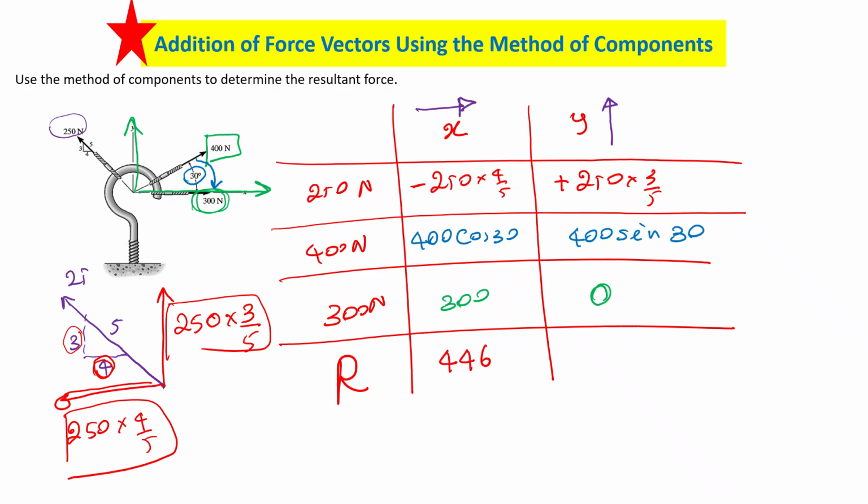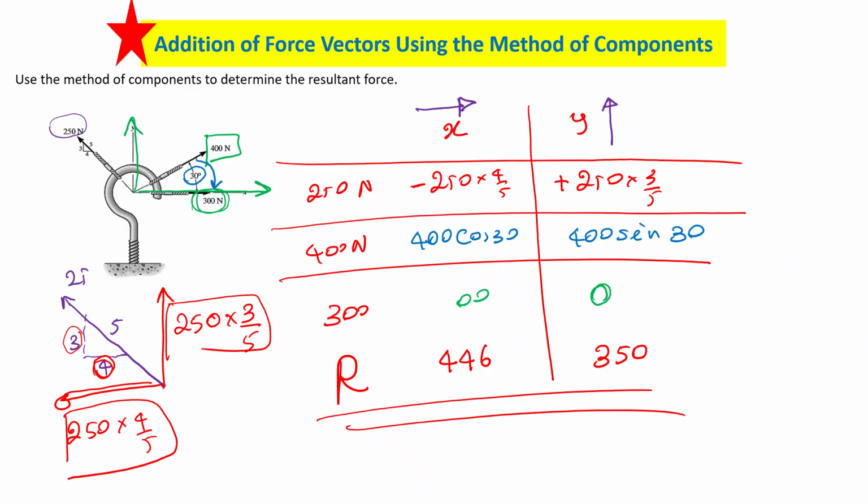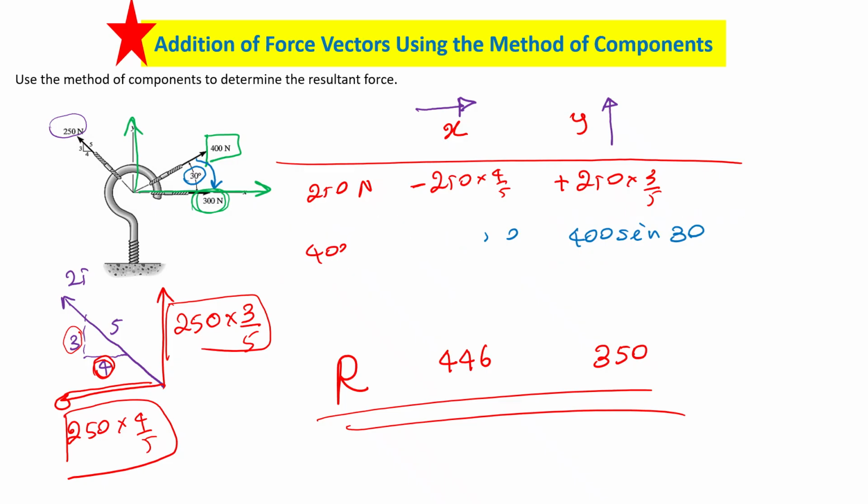How about the y? 350. Okay, do you all get this? Are we done with the question or not? We haven't finished yet. We have only found the resultant force x component and the y component. Am I right? Now we are going to find the resultant force.